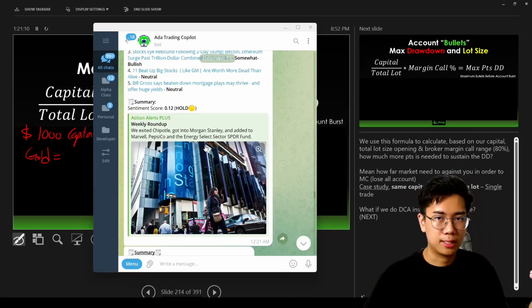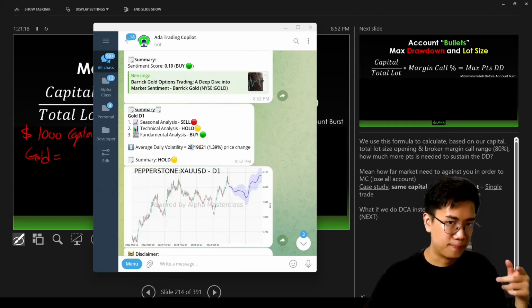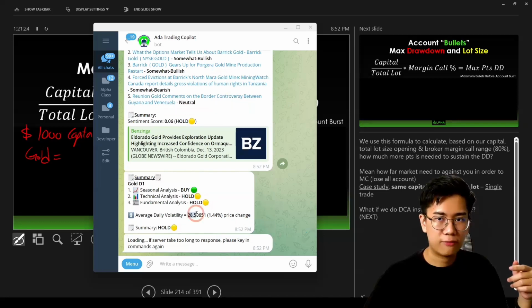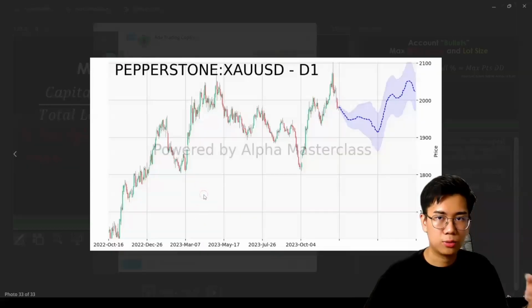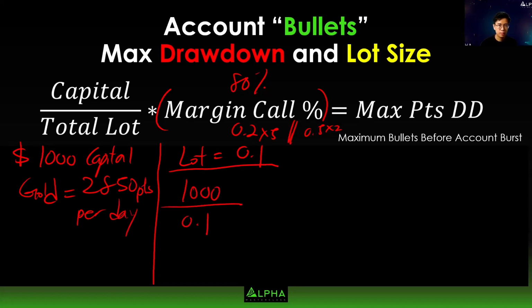For the sake of speed, let me see. It's $28 moving up and down, or 2819 points. Let's say 2850 points for today's market. Okay, 2850 points per day. Let's put all the numbers in for calculation. You have $1,000 divided by 0.1 times 80%, equal to how much? 8,000 points.